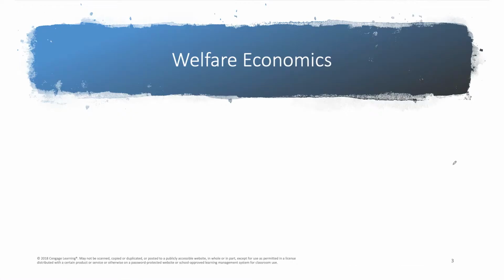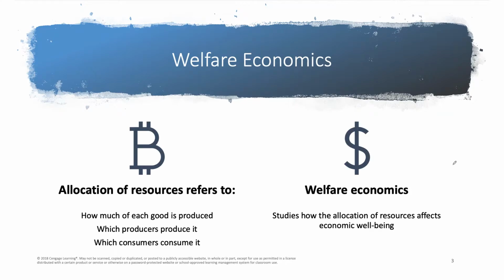Right. So let's start from the basics. So let's start talking about welfare economics. Right. So in welfare economics, we begin with the market mechanism, right? We start with the market mechanism and we start talking about allocation of resources, right? When we talk about allocation of resources, the first thing is how much of each good is produced inside the economy, right?